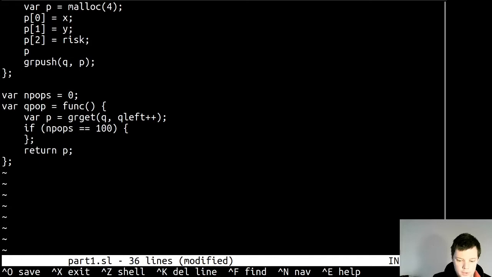So the fourth element will tell us if it's already been popped off.